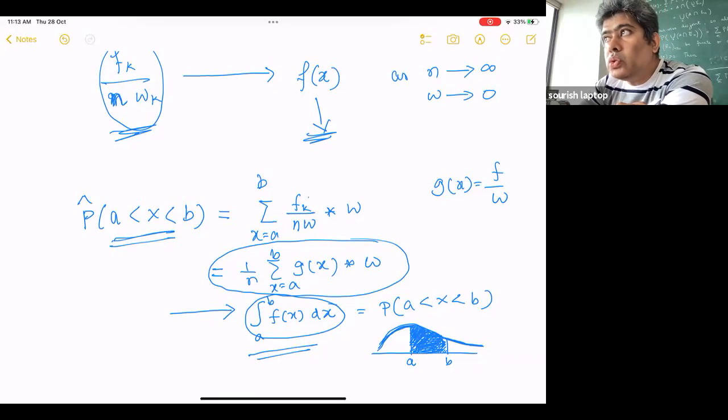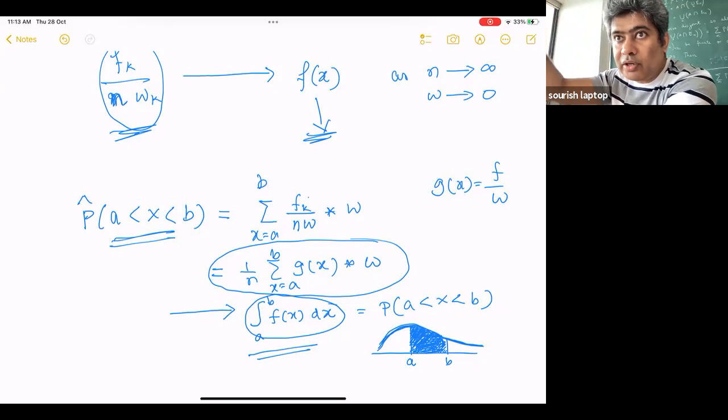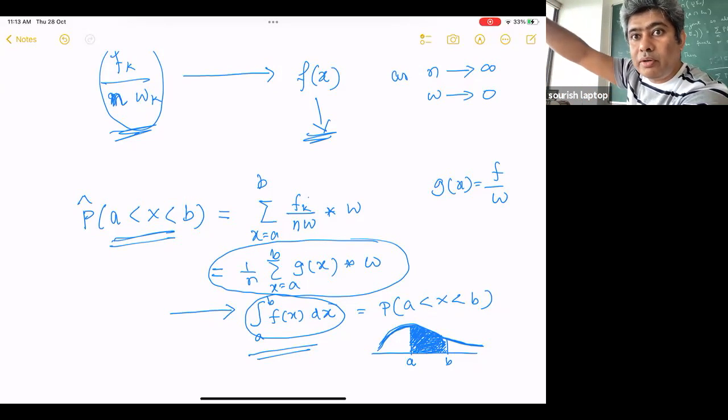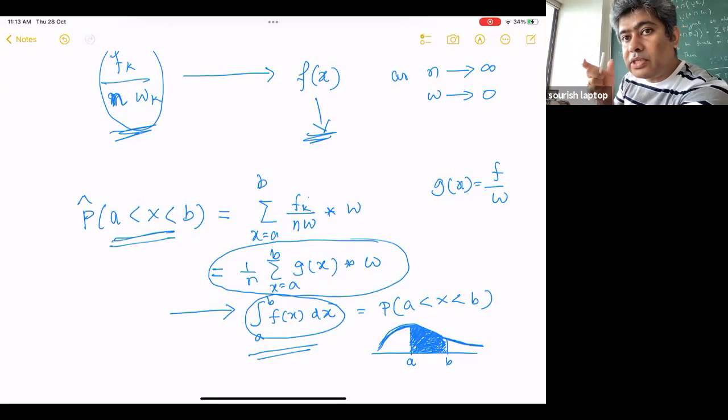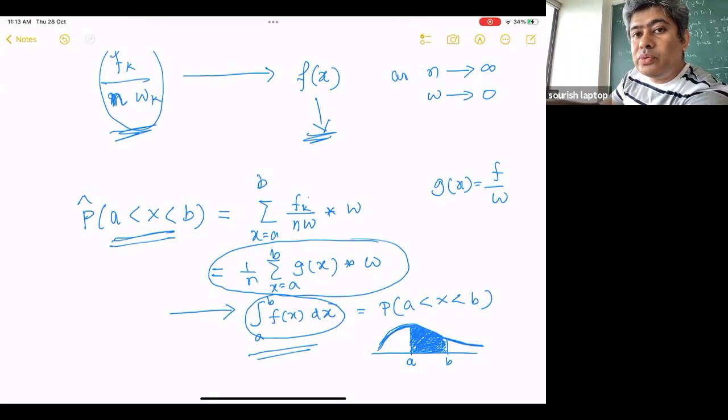For those we use the Poisson or binomial distribution, and there we use the concept of sequence and series. Whereas for continuous random variables we use integral calculus.